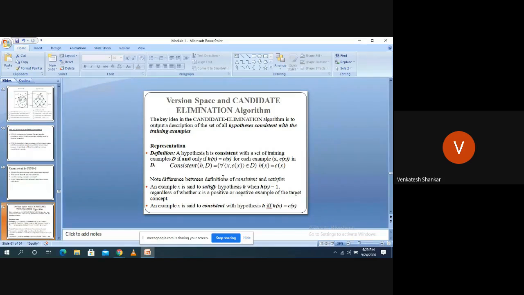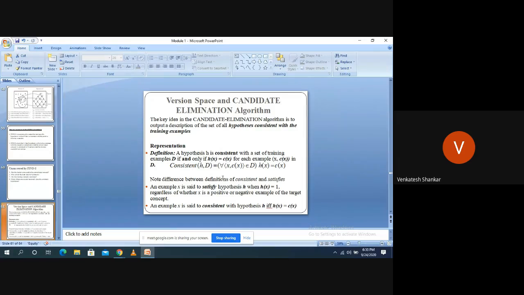In the candidate elimination algorithm, we should differentiate between these two definitions: the first one is consistent and the second is satisfies.